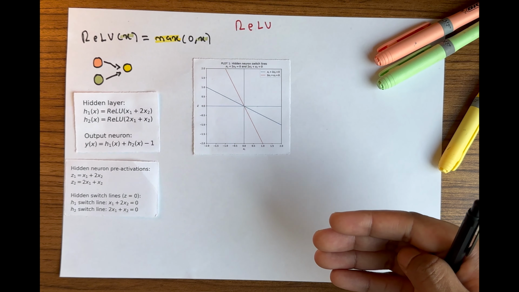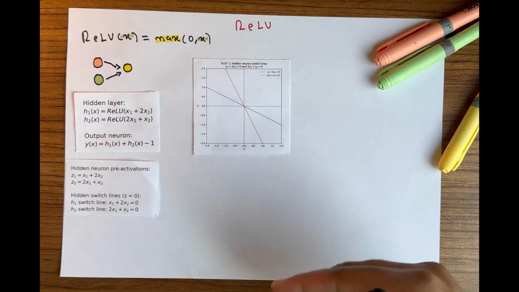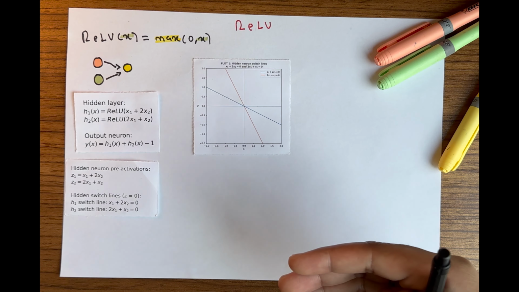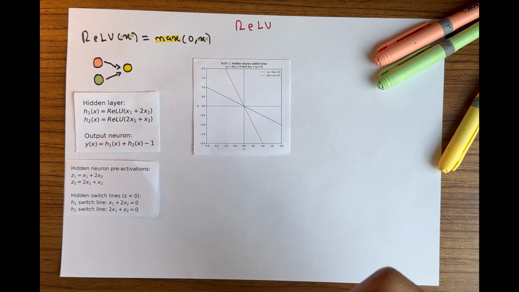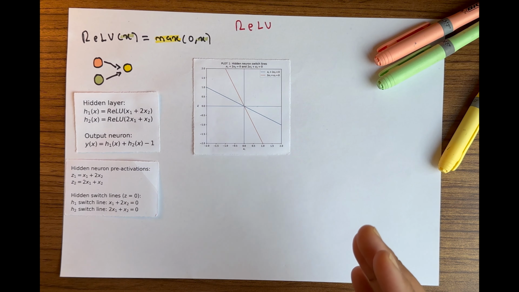For example, if Z1 is greater than 0, I can say H1 is on in that region. If, for example, Z2 is less than 0, I can say H2 is off in that region. So really doing this is going to give us 4 on and off patterns.